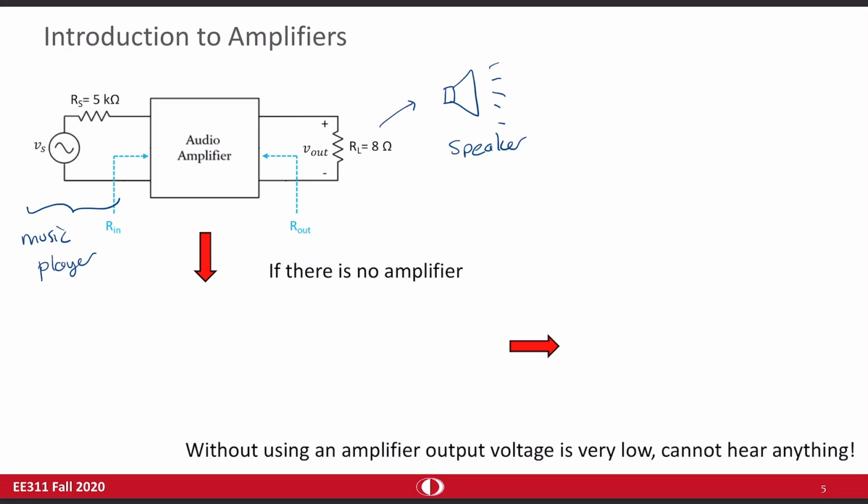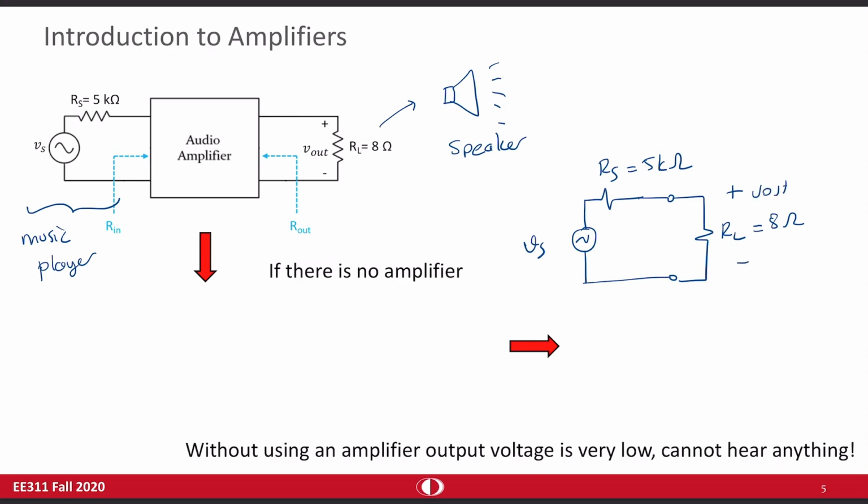If you do not use the audio amplifier, the circuit looks like this drawing. This RS models the internal impedance of the music player. When you hook them up, this is V out.